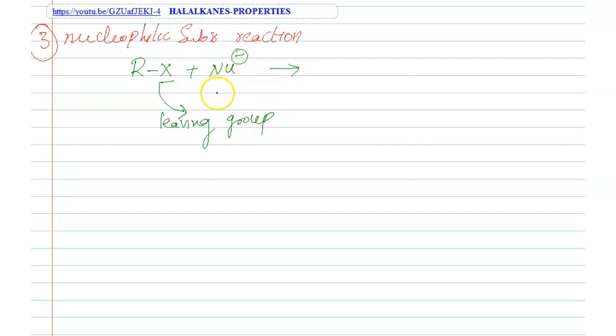In RX, X is replaced by the nucleophile, that means R-Nu plus X minus goes outside. So this is a new product.